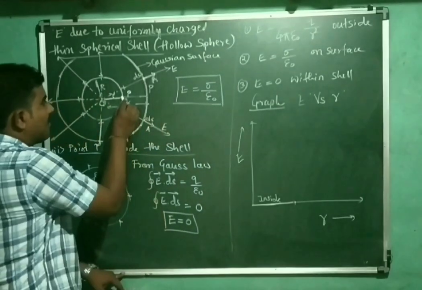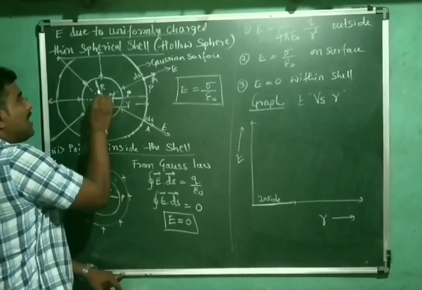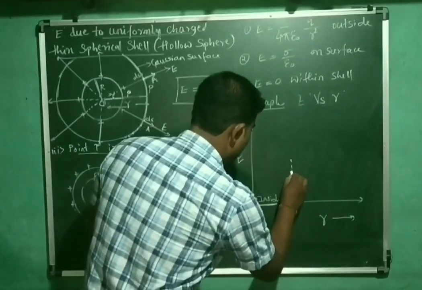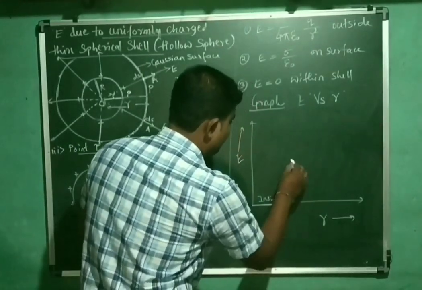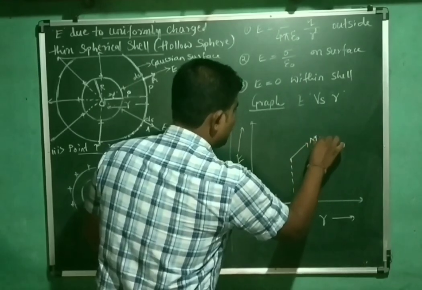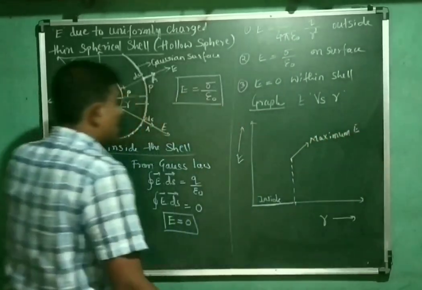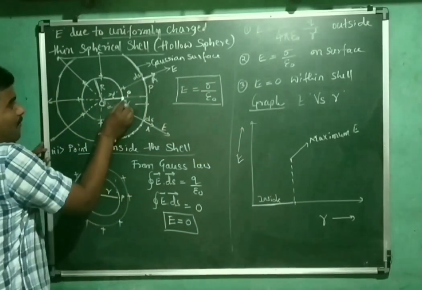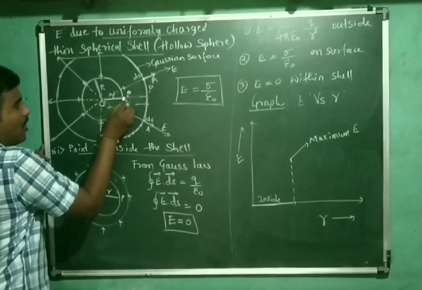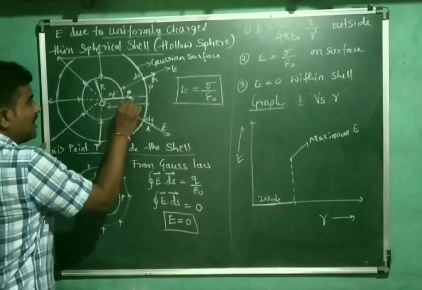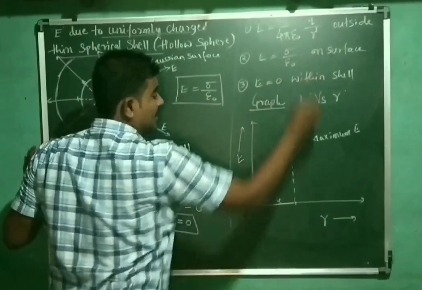And at R distance the electric field intensity is maximum. At this location electric field intensity is maximum. This is max case. Maximum electric field intensity. And as you go away from this point, from the surface of the shell, electric field intensity goes on decreasing.